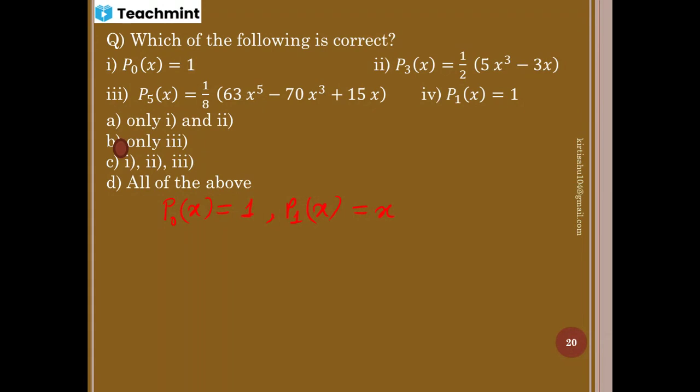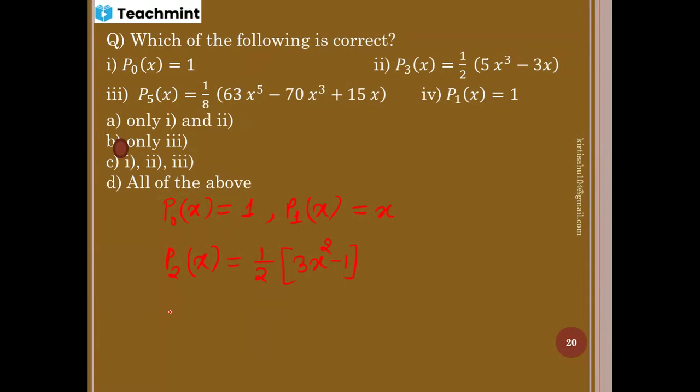What is P2 of x? So by Rodrigues' formula, we get P2 of x as nothing but half of 3x square minus 1.